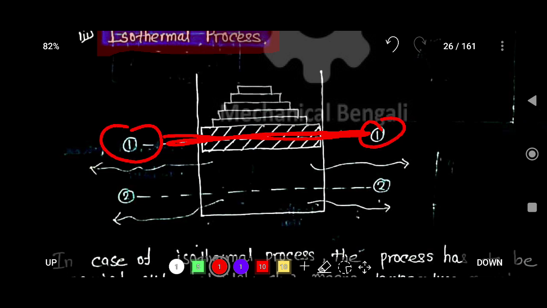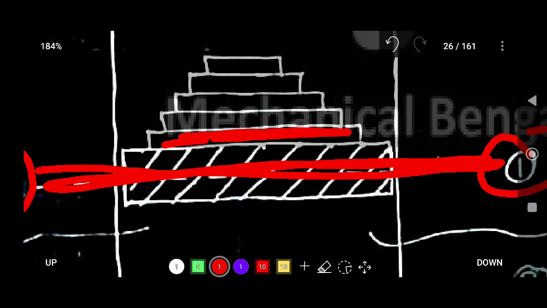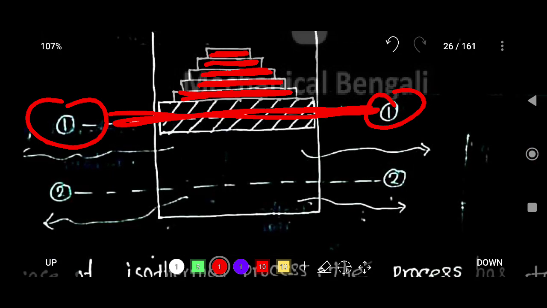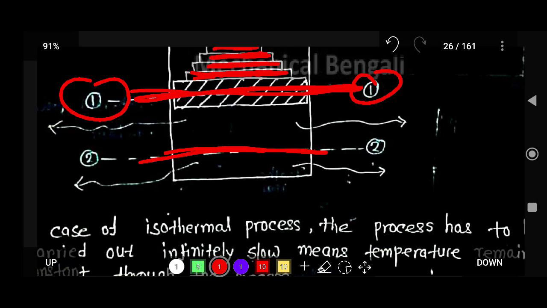Now you apply some load. Initially you apply only this load, then you gradually apply more load on the piston, after this load, and after this load. If you apply the load gradually, the piston goes downward because the weight on the piston is increased.